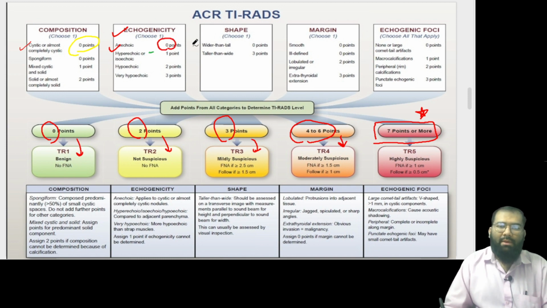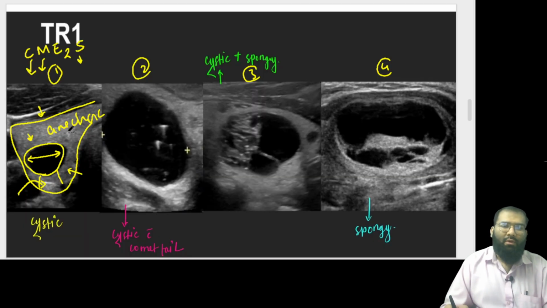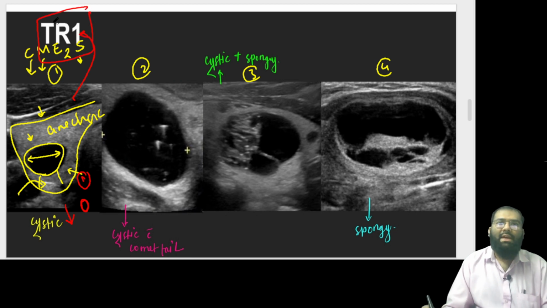What is the shape? It is wider than taller. So again 0 points. What is the margin? Margin is smooth. So 0 points. Echogenic foci, no echogenic foci were there, so it is 0 points. So how many total points are coming for this image? Image number 1, total points are 0. So if it is 0, this comes in TI-RADS 1. Understood? So this is a TI-RADS 1 lesion.